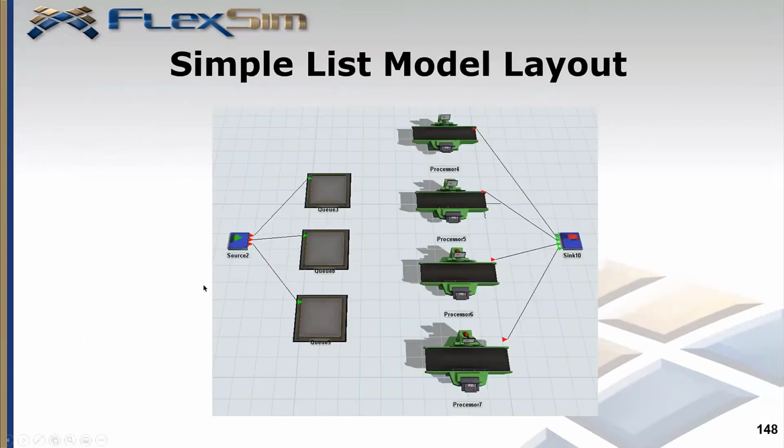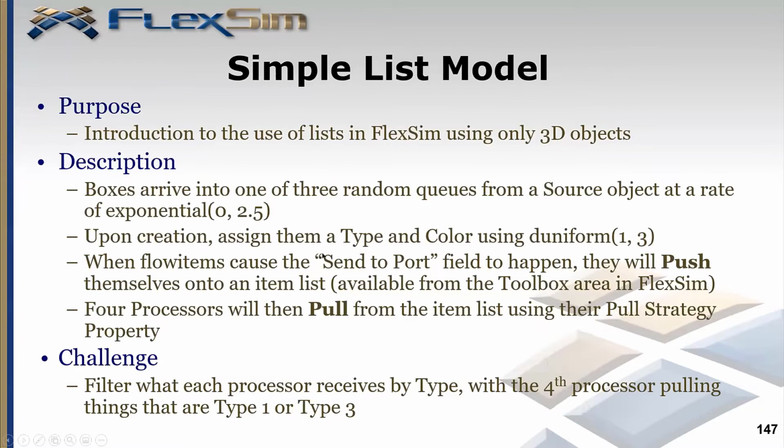We're going to say that we have a source that creates flow items every 2.5 seconds, and those flow items are sent to a random downstream queue. So the send to port of this source says to send things randomly to these queues. And then when the flow items arrive, using the send to port event of those queues, we want those flow items to be pushed onto an item list.